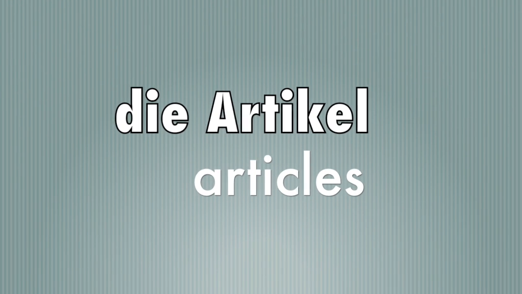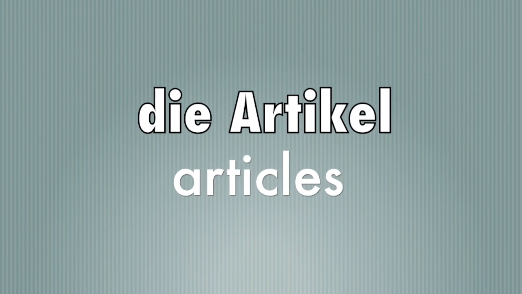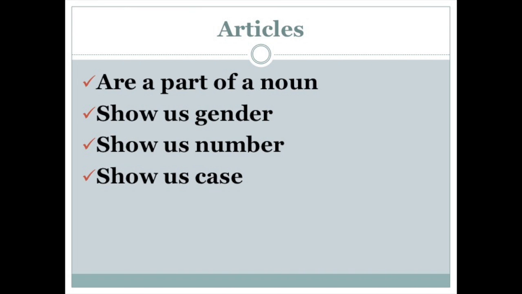Now let's think about what an article is. Der Artikel, or die Artikel in plural. An article is a part of a noun, and it shows us the gender, the number, and the case of a noun. So whether it's feminine, masculine, neuter, singular, plural, accusative, dative, nominative, genitive.